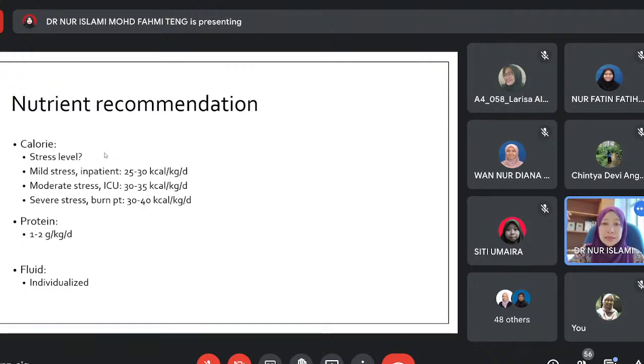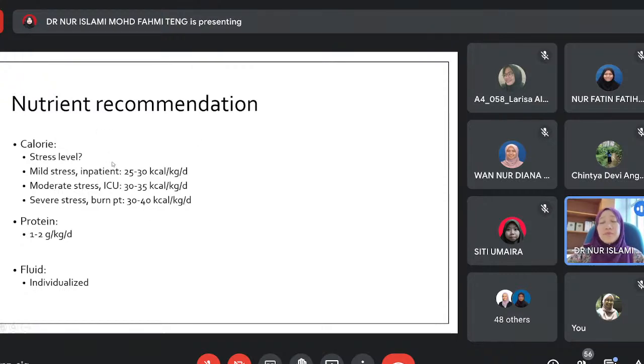Those with mild stress and inpatient, we can provide about 25 to 30 kilocal per kilogram per day. Those with moderate stress, in ICU is slightly higher, and those with severe stress, for example burn patient, we give lagi tinggi lah, about 30 to 40 kilocalorie.